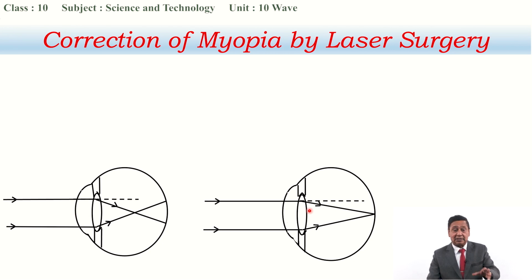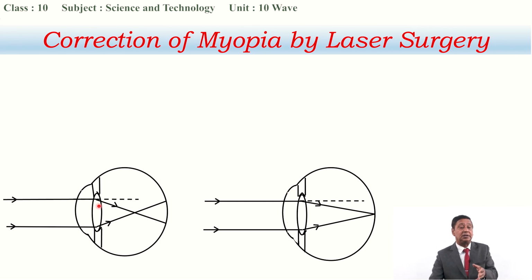Why? By the surgery, the middle part of the cornea is a little flattened, and when it is flattened, the power of the eye, the converging capacity of the eye, becomes less. Here, because of the more converging capacity, distant objects were focused in front of the retina, but the power of the cornea is reduced.